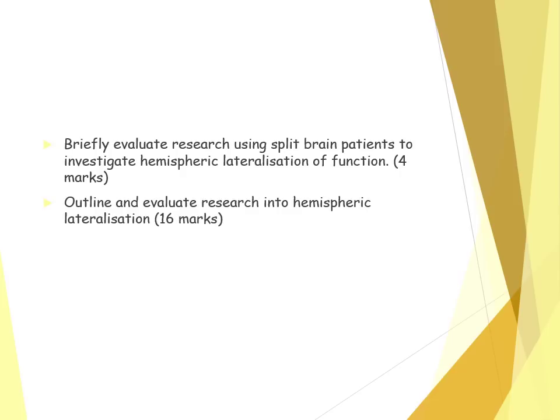Remember, left visual field is processed by the right hemisphere, no language centre in the right hemisphere, can't transfer that information across to the left hemisphere because that bundle of nerves is gone, so they couldn't say what they'd seen. Right visual field is fine, processed by the left. They can say what they've seen because the left hemisphere has lateralization, has the language centre.